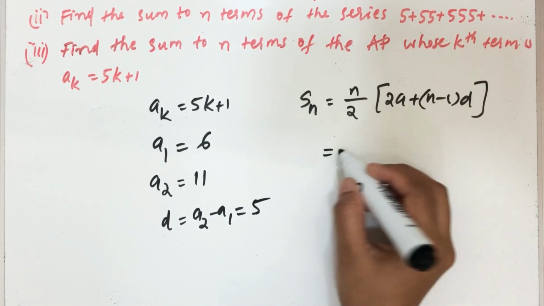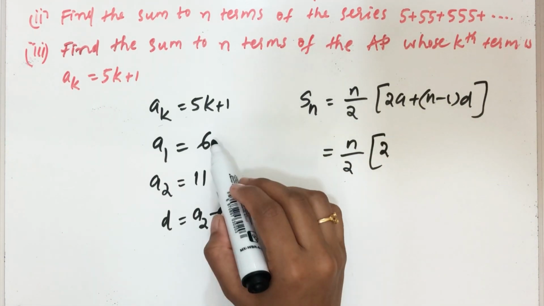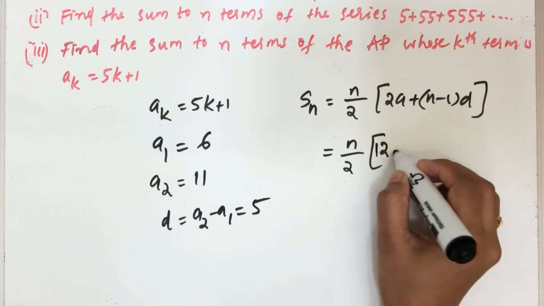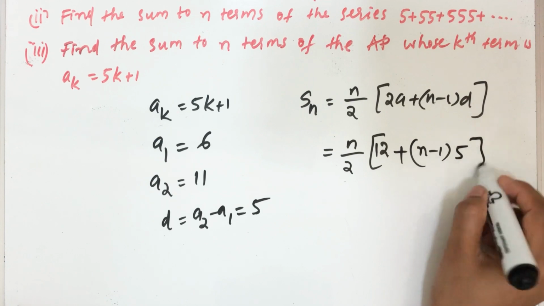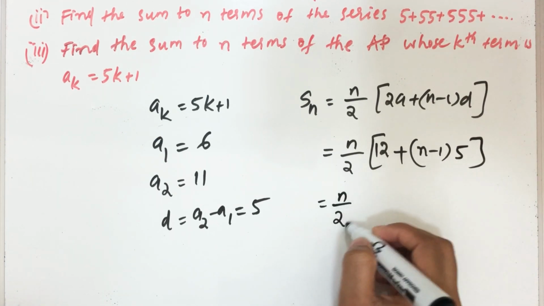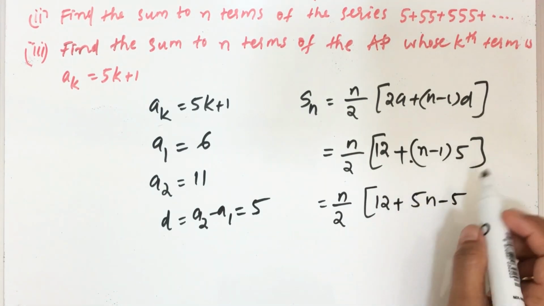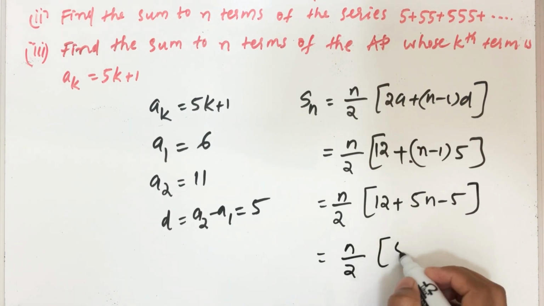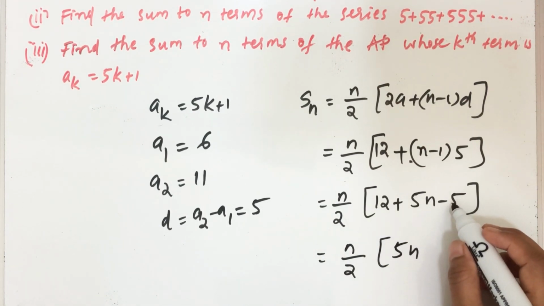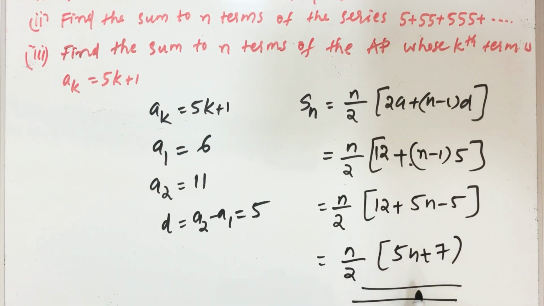So we can write Sn is equal to n by 2 into (2 into 6, that is 12, plus (n minus 1) into 5), which is equal to n by 2 into (12 plus 5n minus 5), which is equal to n by 2 into (5n plus 7). So this is the sum to n terms of this AP.